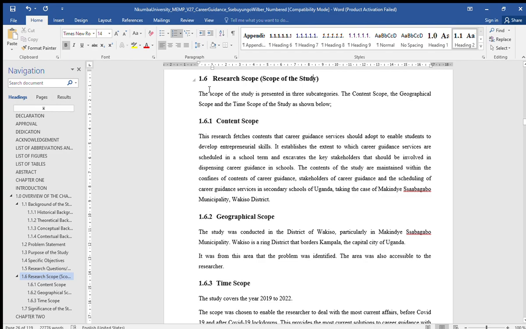Now, scope of the study, there are 3 scopes here you've got to talk about. That's why under it there is 1.6.1 called content scope. And then we have 1.6.2 geographical scope. Then 1.6.3 the time scope.